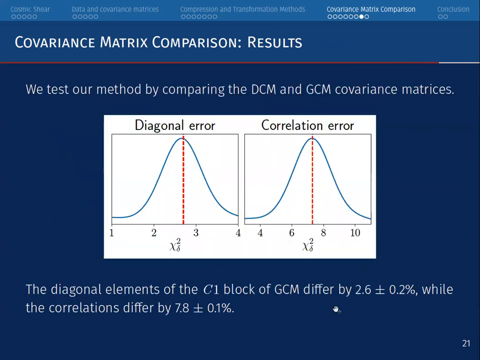Our results are summarized in this plot, which we can then compare to the differences in the parameter constraints of the two different matrices. So we see here an error associated to the diagonal elements and the error associated to the elements of the correlation matrix.